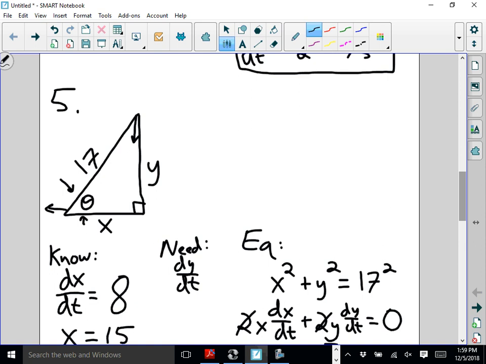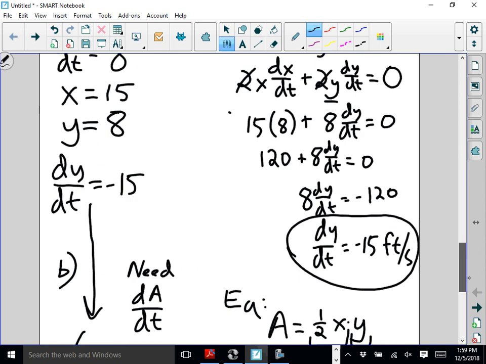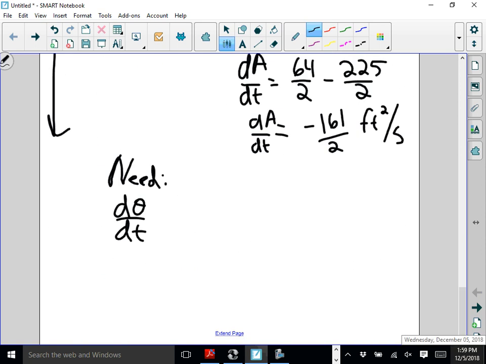Well, cosine we know from SOHCAHTOA is adjacent over hypotenuse. So cosine theta would have to be x over 17. So I write that as my equation. If you do it with sine theta, compare. See if we get the same answer.